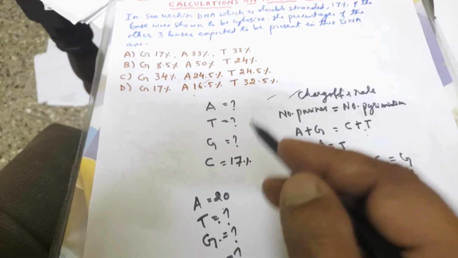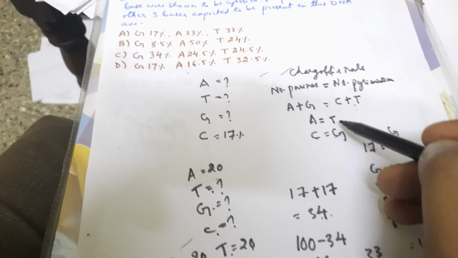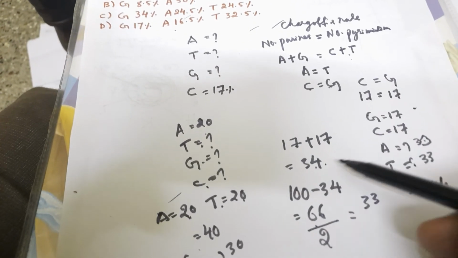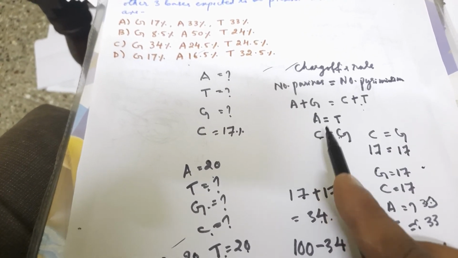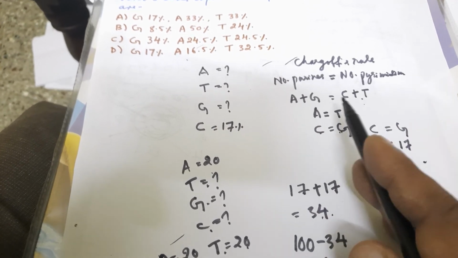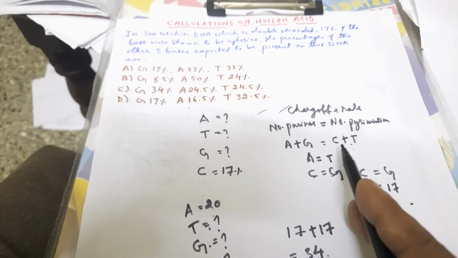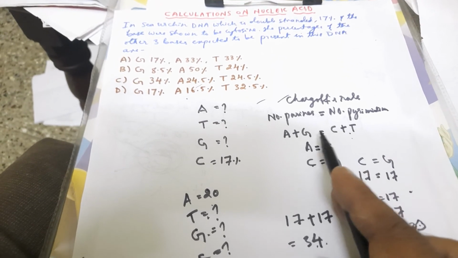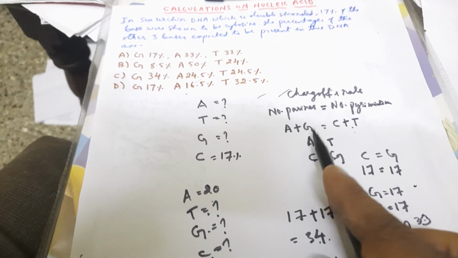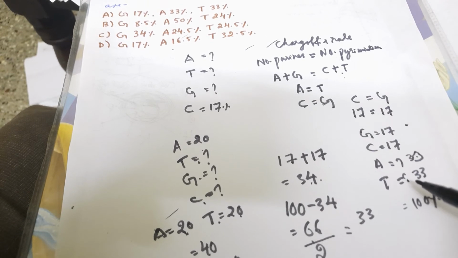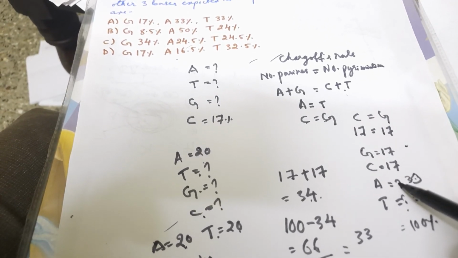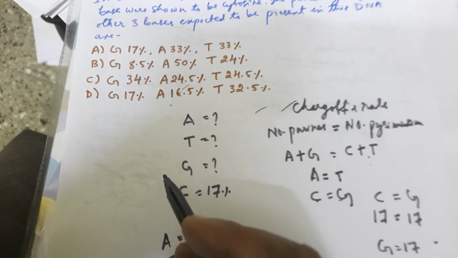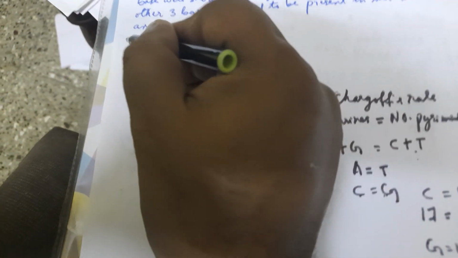Now the question asked about C. If C is 17, then G is also 17, T is 33 as well as A is also 33. Option A is the correct answer.